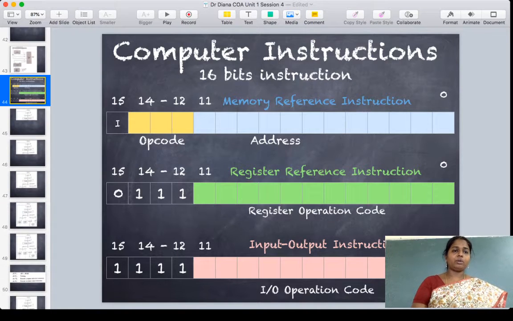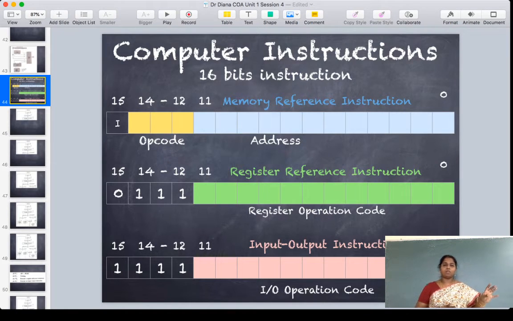So when we look into the instruction format here, we can see that there are 3 types of instructions. One is a memory reference instruction, a register reference instruction, and an IO instruction. For memory reference instruction, bit 15 is used.